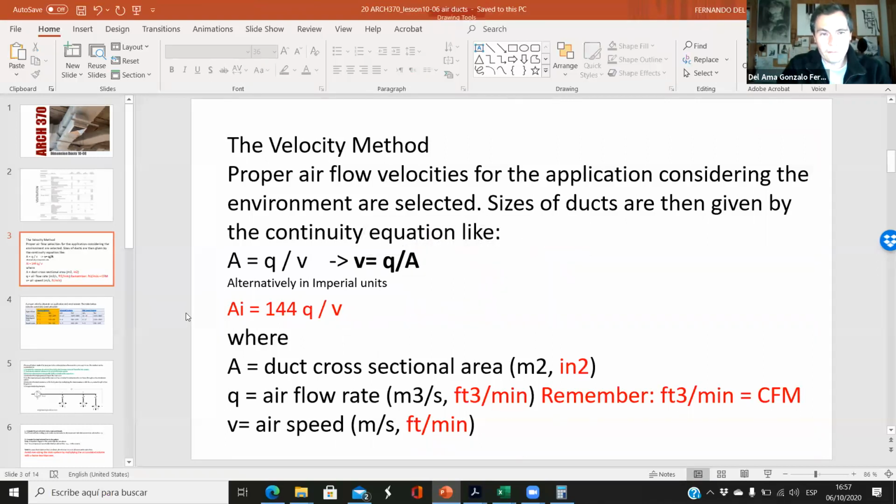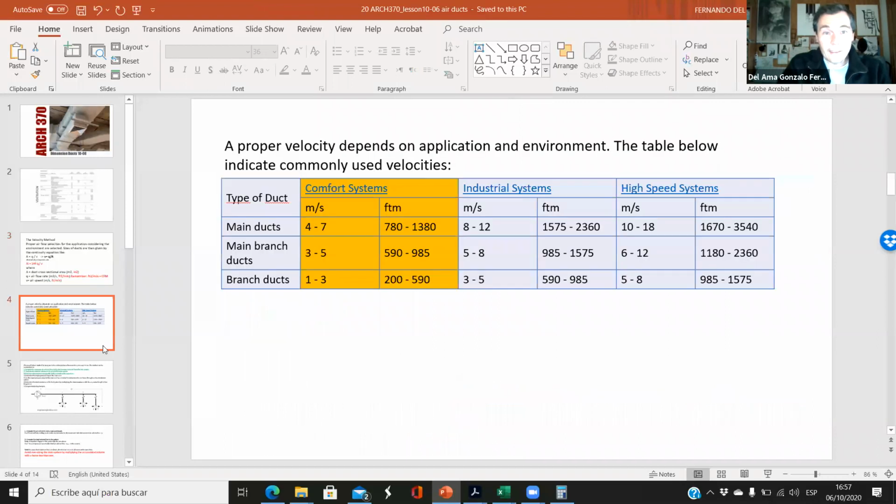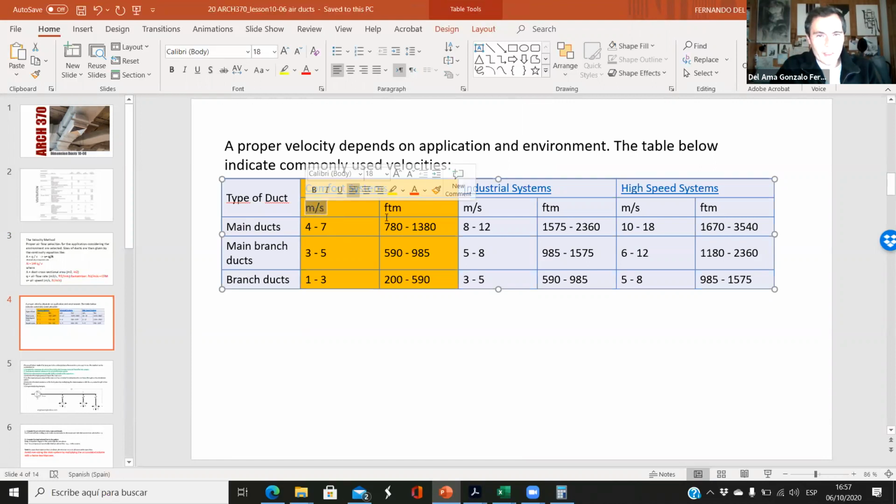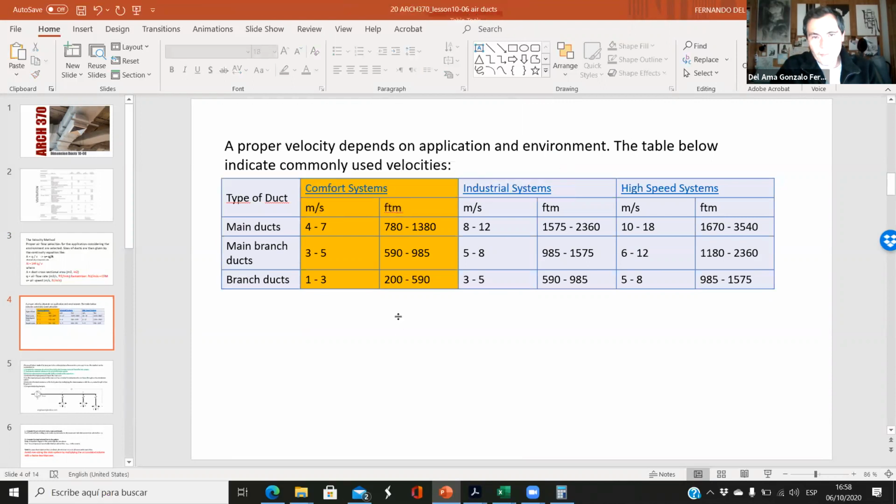And here we are working with these thresholds or limits in meters per second for international units, or feet per minute in imperial units. Here we have comfort systems, industrial systems, and high-speed systems.